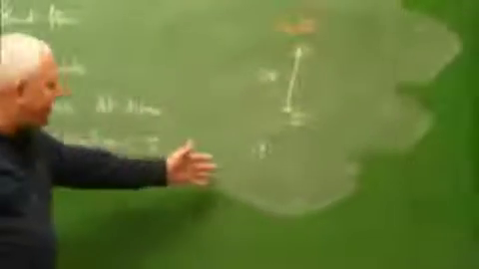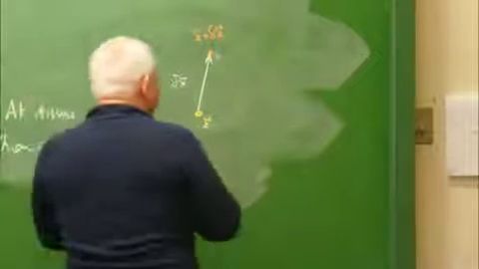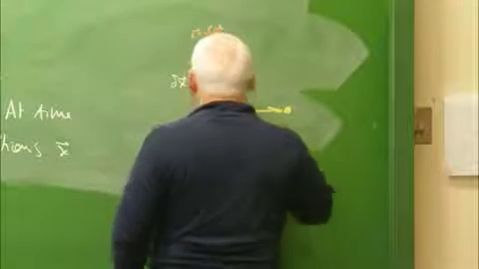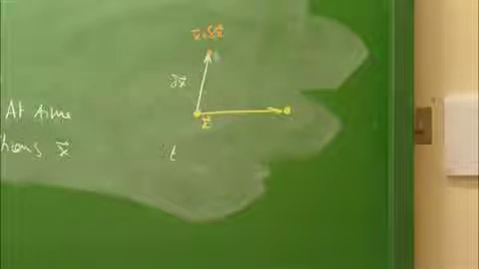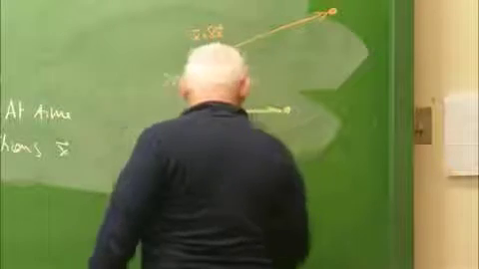Now, these are two points in the fluid. I've frozen the picture at time t. I now advance the picture to time t plus delta t of this film that I've made of the fluid. And each of these two points will have moved to new positions. So this point may have moved to a new position here, and the orange point will have moved to a new position, say like that.